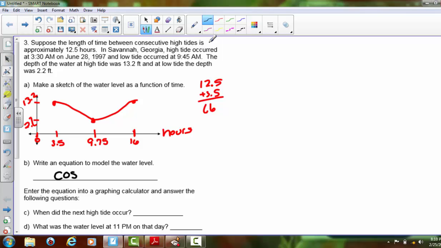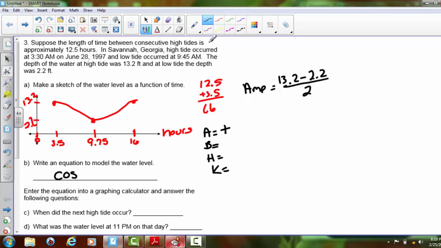I'll need to know my A value, my B, my H, and my K. The A value comes from amplitude. It's going to be a positive value because that's a positive cosine graph. And amplitude is found by taking the maximum, 13.2, subtracting the minimum, 2.2, and dividing by 2.